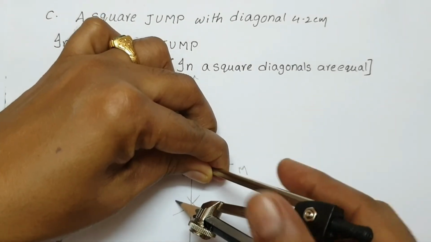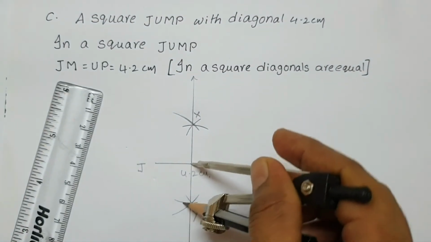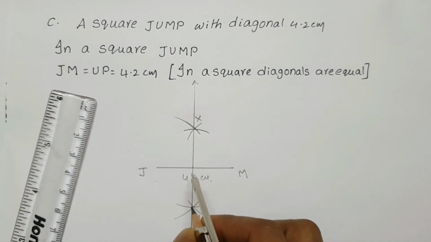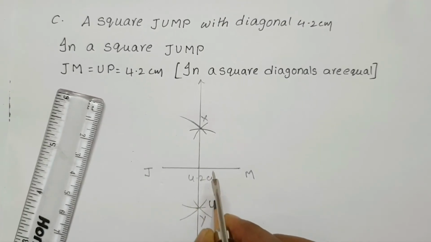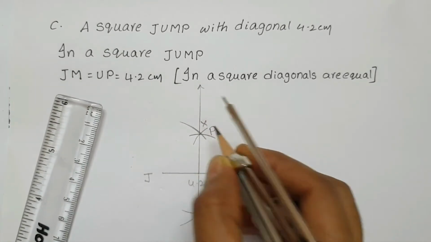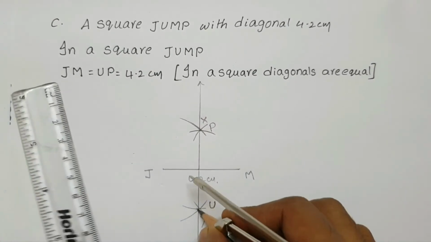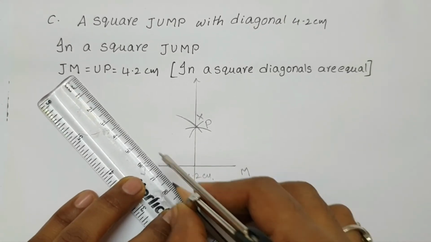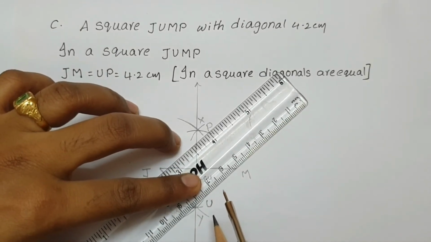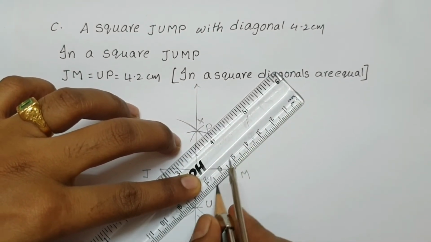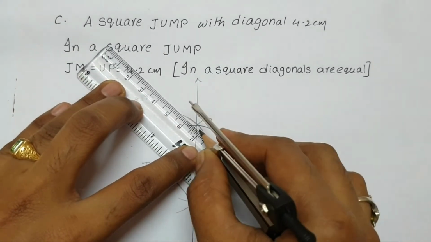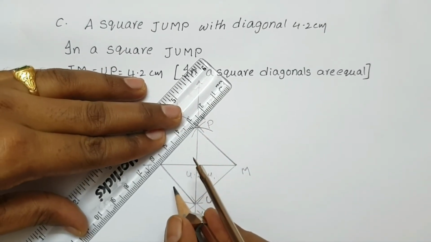This point is U, and where it intersects below, this point is P. Now join JU, next UM, MP, and next JP.